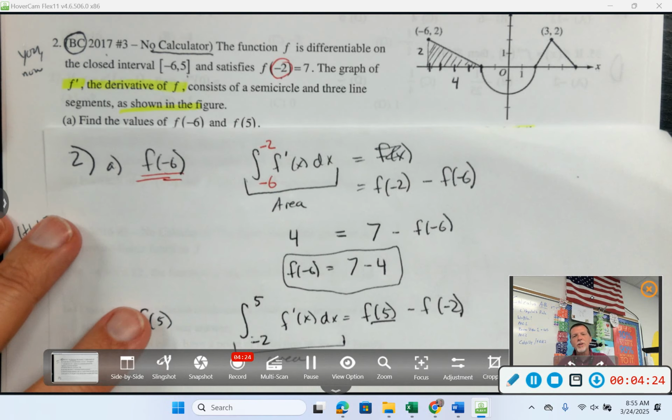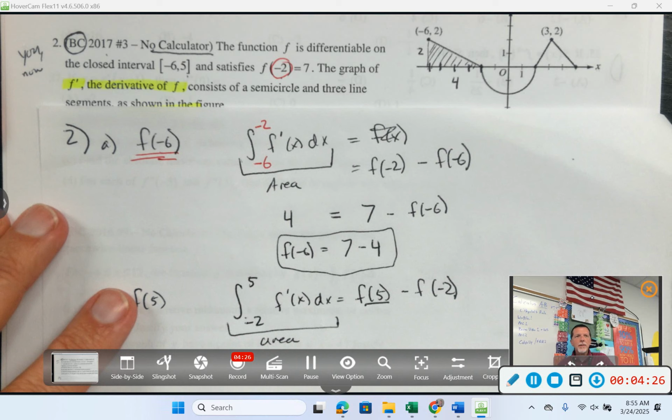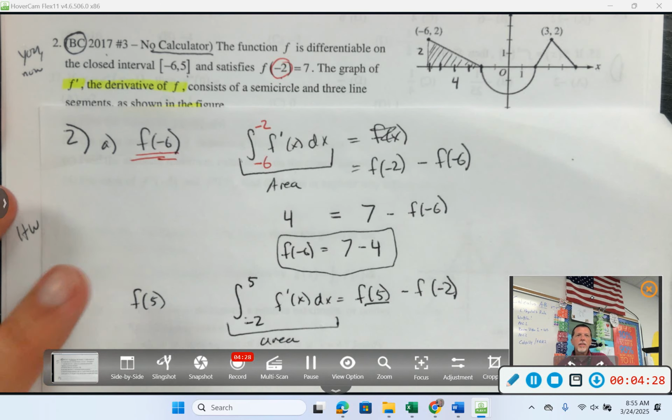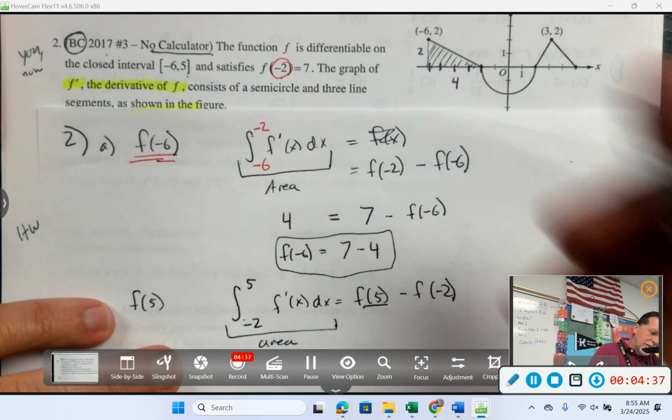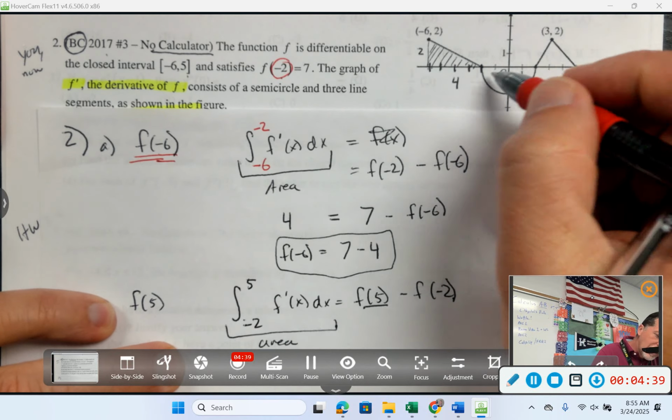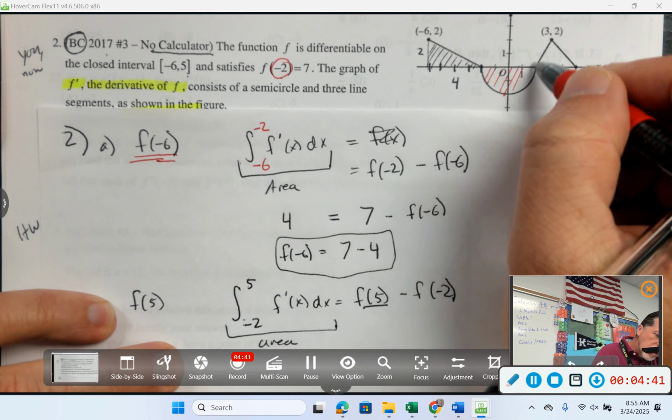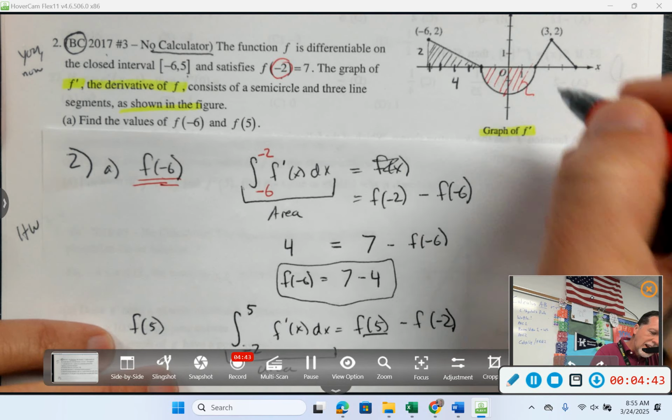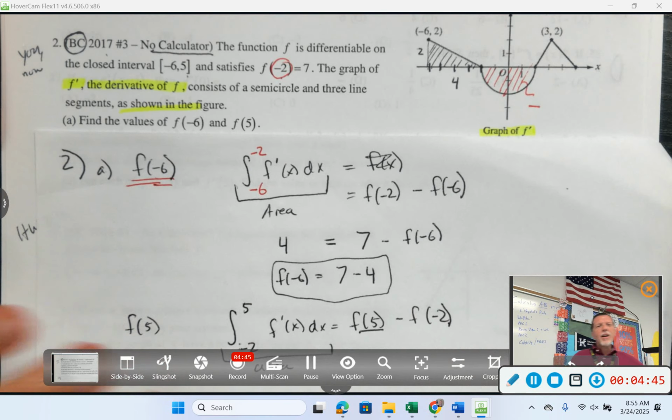What makes this one a little trickier, maybe? There's a semicircle. That's harder than a triangle. But what else? The semicircle is negative. So we'll be careful here. That area, I'm going to label it negative. I think they mentioned this in the last video: your words matter. The area isn't negative, but the antiderivative is negative.